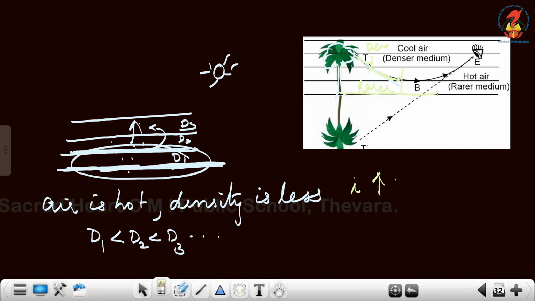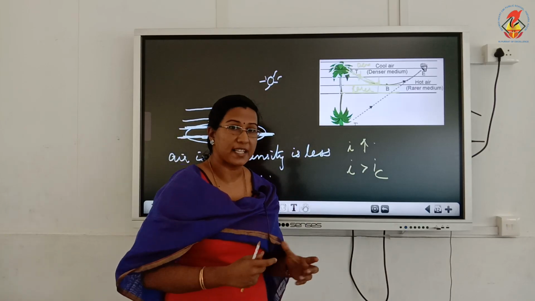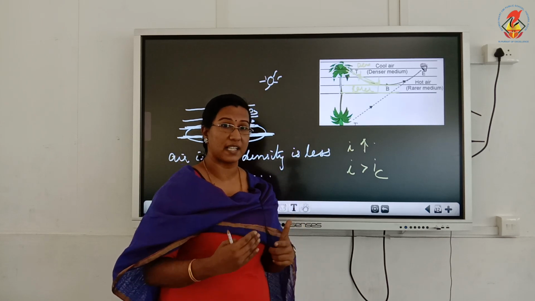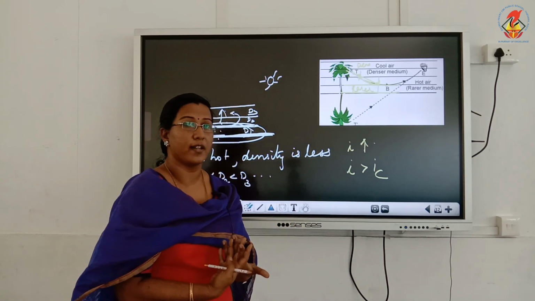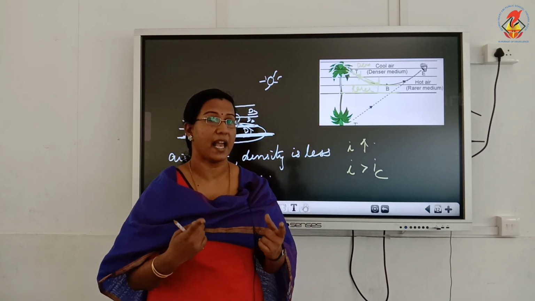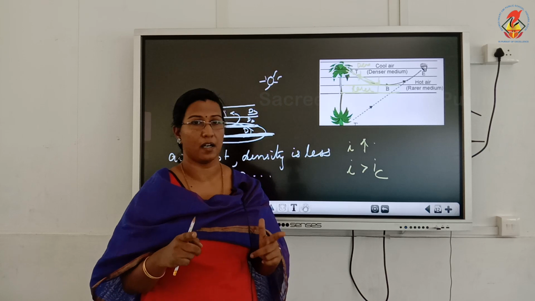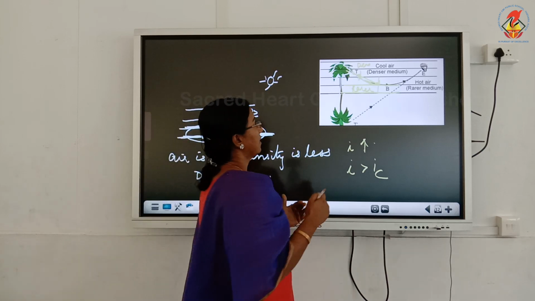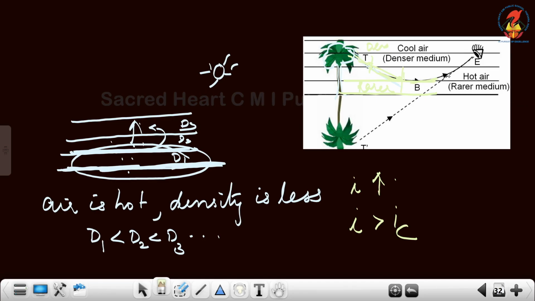As it is coming down through each layer, the angle of incidence will keep on increasing, and somewhere near the surface of the earth, when the ray hits that surface, the angle of incidence will be greater than the critical angle. So as the ray of light is coming down, it undergoes multiple refractions, and when passing through each layer, the angle of incidence increases. At a particular point, the angle of incidence becomes greater than the critical angle of that air, and as a result, the ray will be completely reflected.